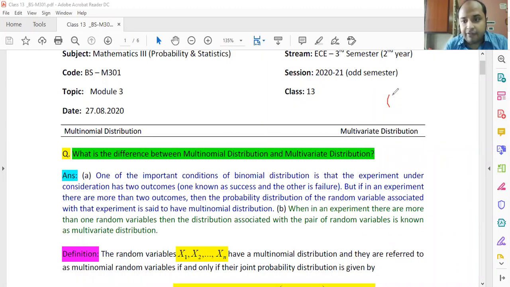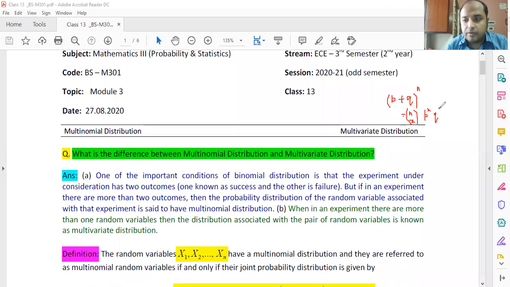I say if I expand this quantity (p plus q) to the power n, then its general term will be nCx p to the power x q to the power n minus x.